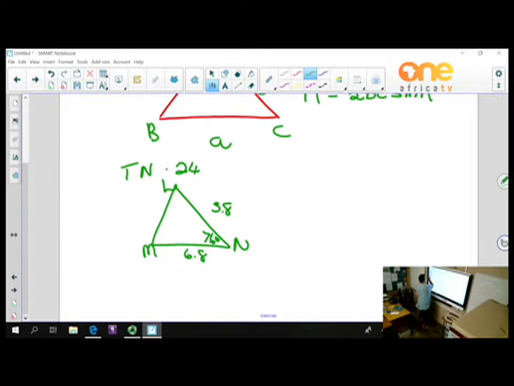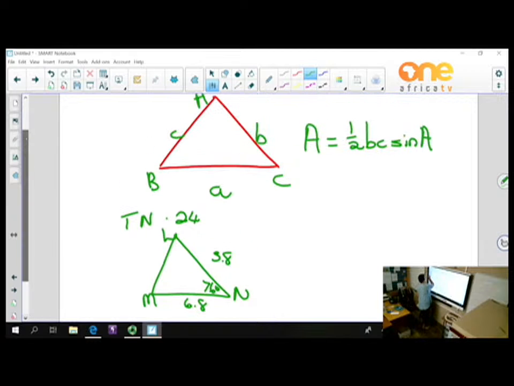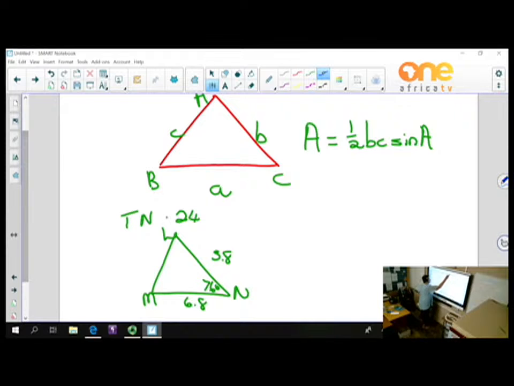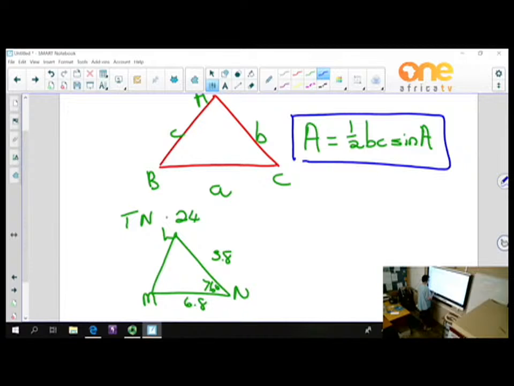So we're using this formula, half bc sine A. This is what we're working with here. So it will be a half of 6.8 times 3.8 and then sine 76 degrees.